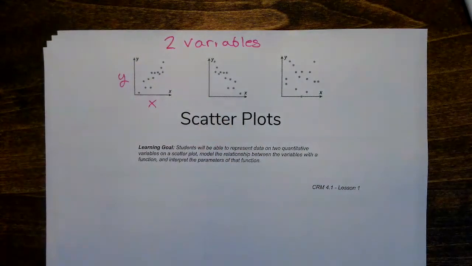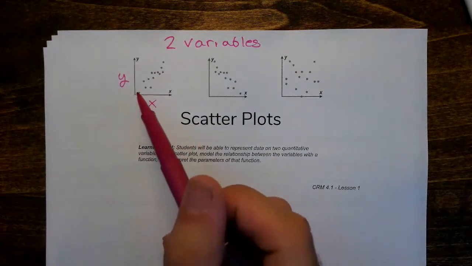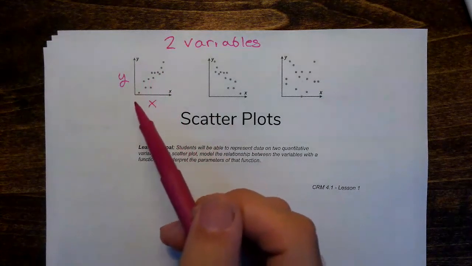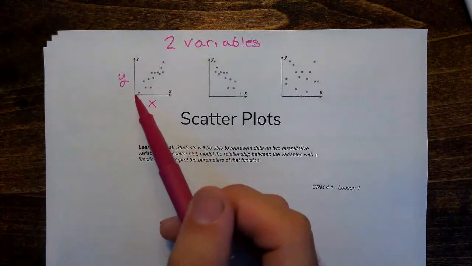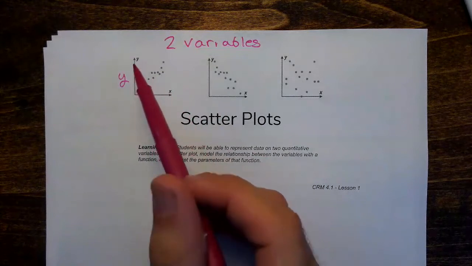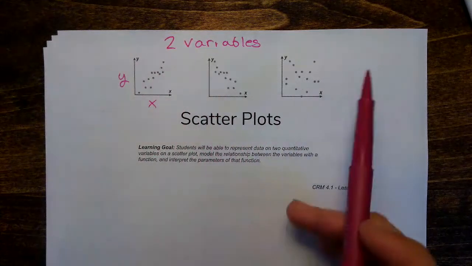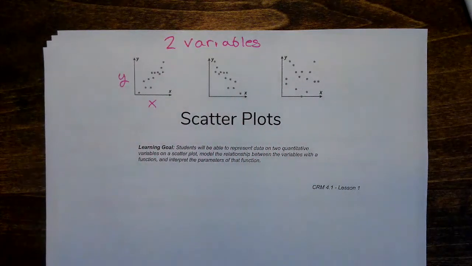And when we go over a few examples of this, you'll see what I mean by 2 different variables that connect in one way. And that's where all of these different data points will come into play. So like, as x increases, y is also increasing. We're going to go over descriptions, why these look a little bit different, and generally just how to read these and set them up.